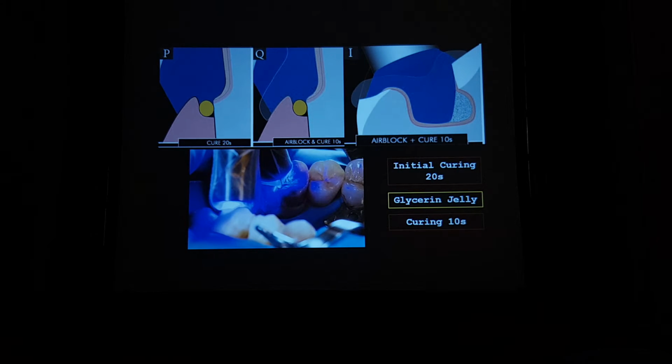I didn't do the study, but most people now remove the oxygen inhibition layer with this. So I'm not sure about this, but currently they do that. Okay. So after applying the glycerin jelly, another 10-second curing is enough.